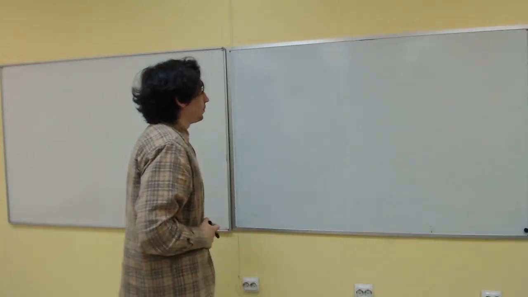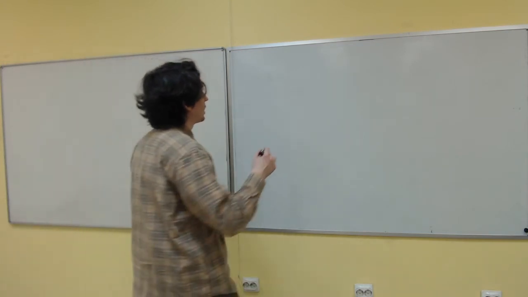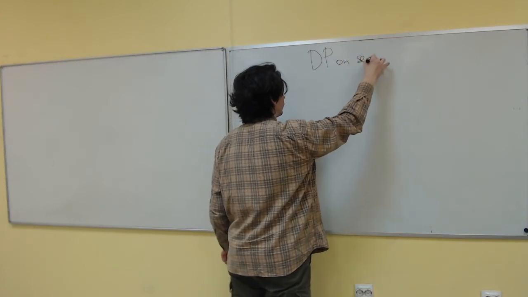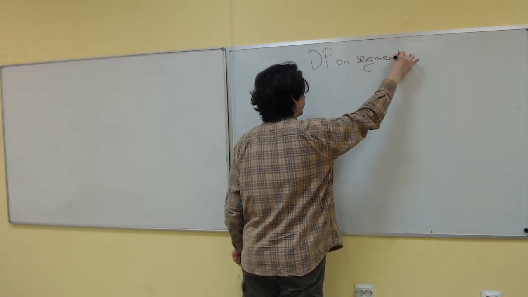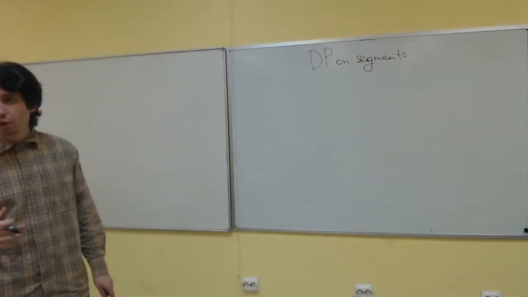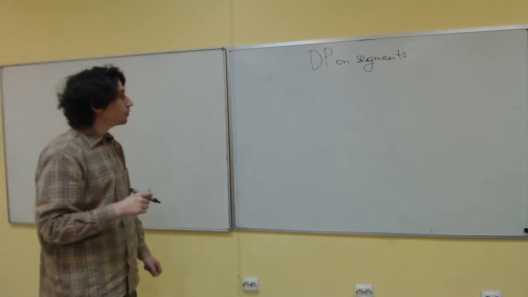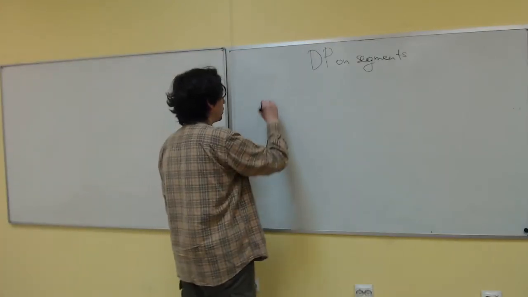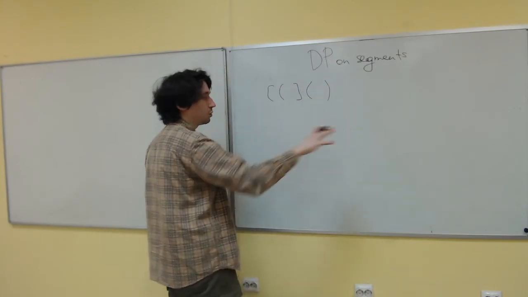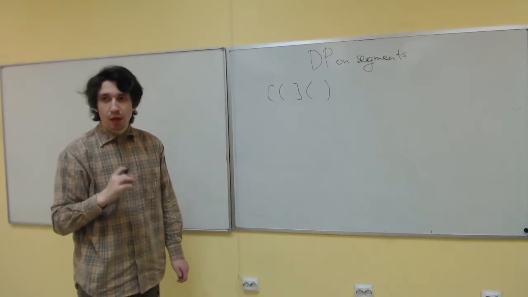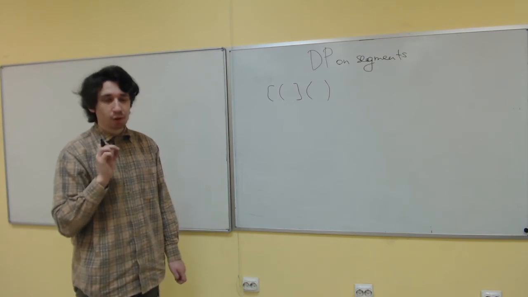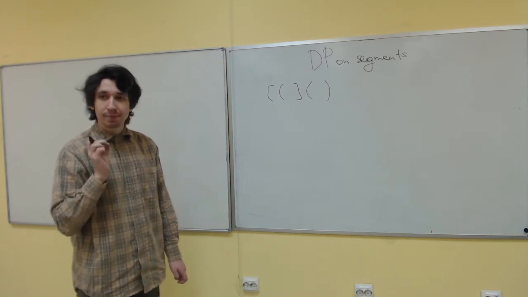So the next problem will be about DP on segments. This is a little bit of a hint how we will solve this problem. The first problem is, we are given some sequence of brackets, and you have to check what is the longest correct subsequence.